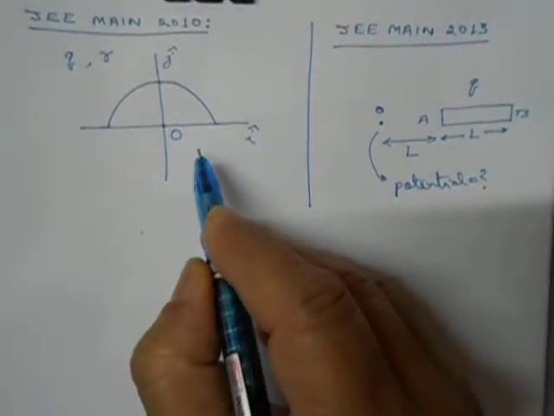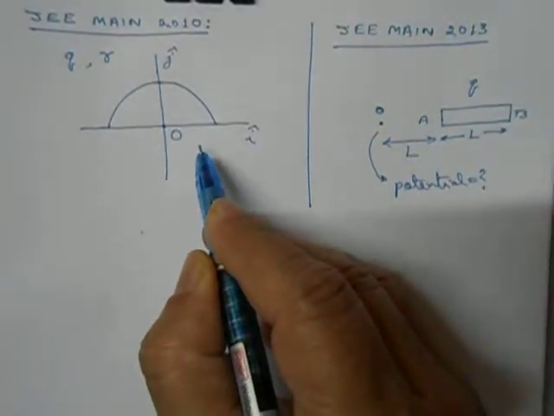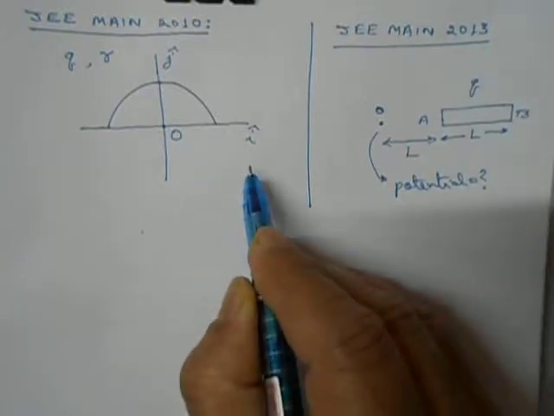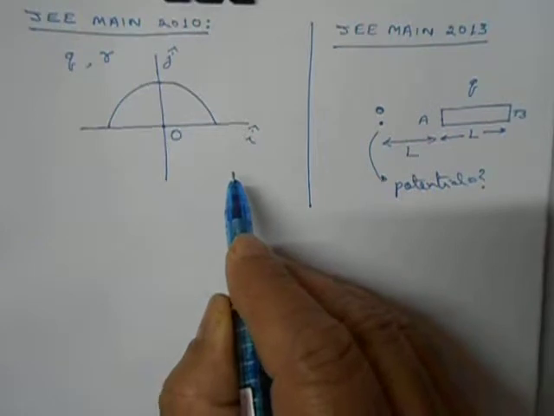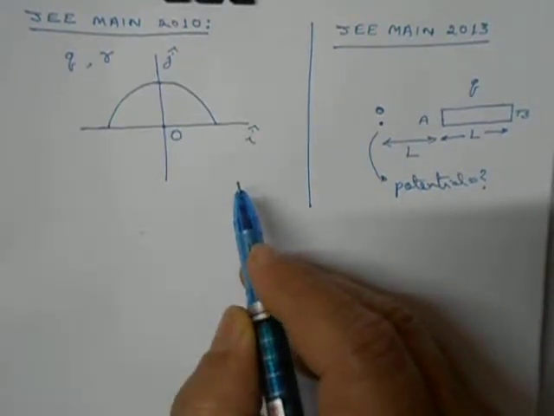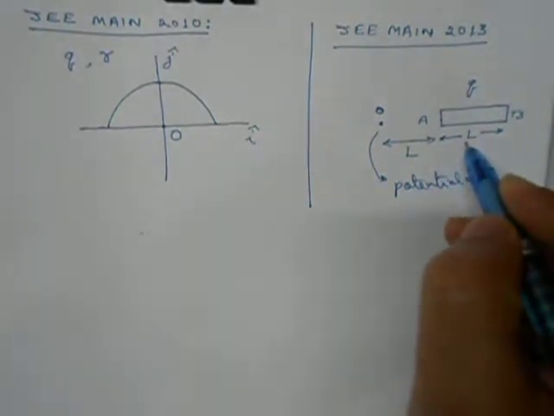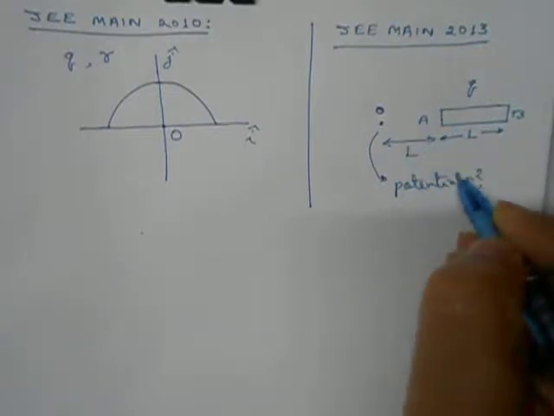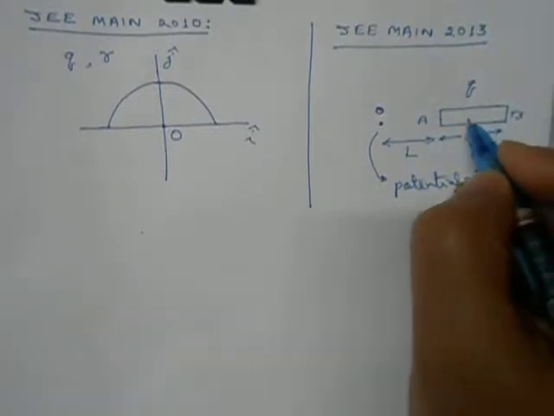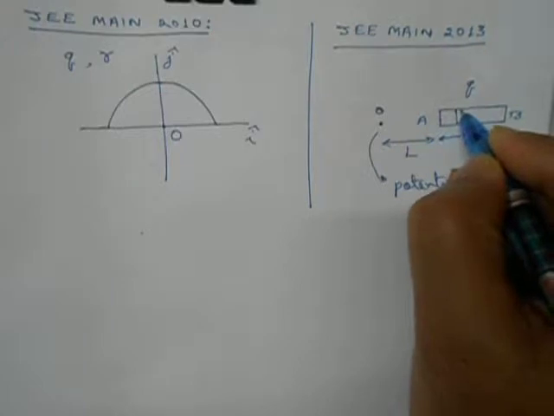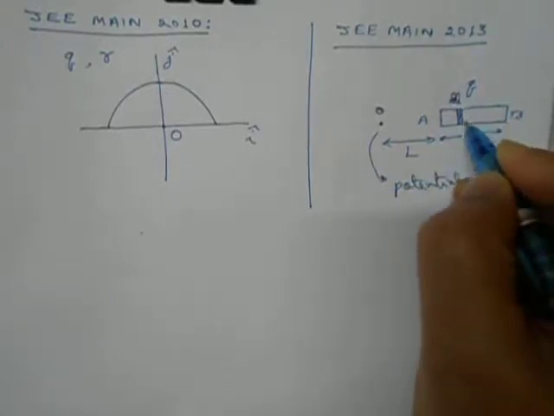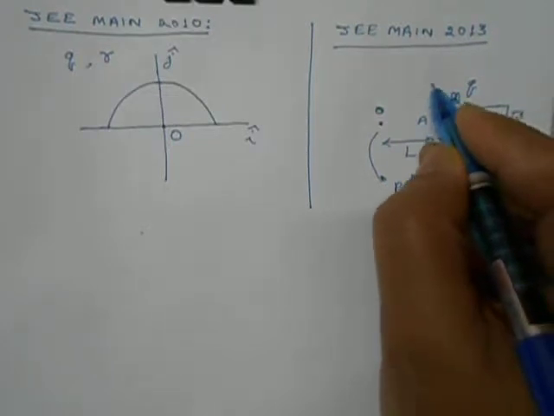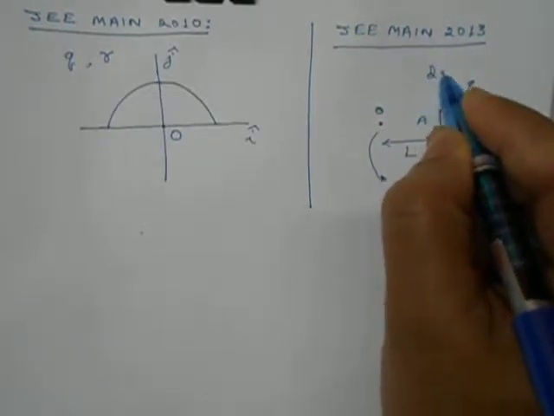Now I will explain this problem in comparison with the earlier problem. That will make the things more clear for you. Now see, if you remember how we solved this problem, what was our approach? Our approach was that we took a small sample element dl here, which had a charge of dq.